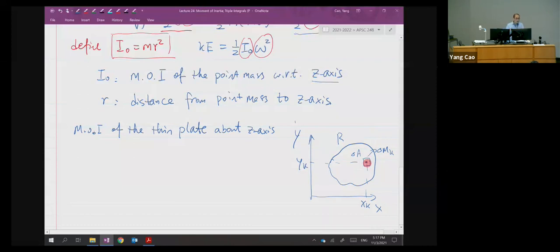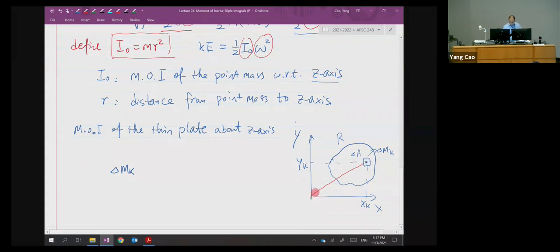Now consider this is a very, very small patch. Then I could assume this is a point mass. If this is a point mass, then the question is, what will be the moment of inertia of this point mass with respect to the z-axis?